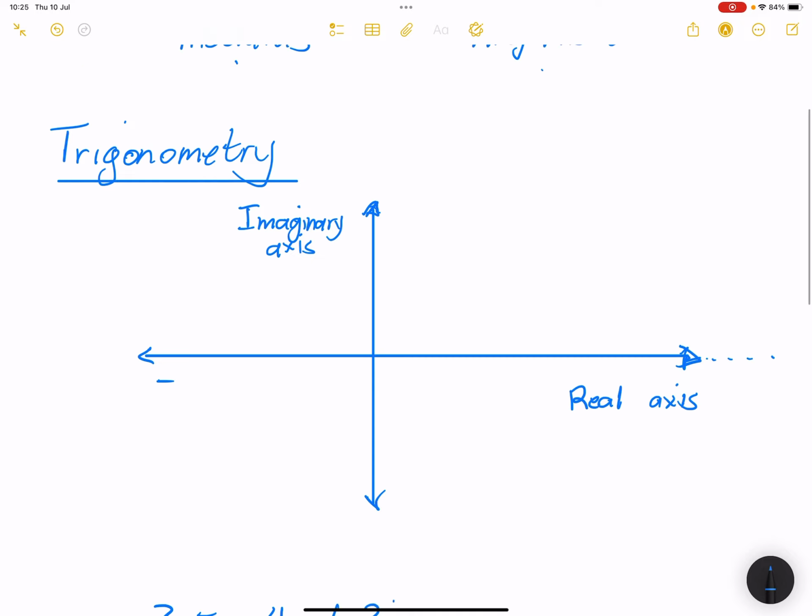So here you're going to have, let's say, 1i, 2i, 3i, and so on as it goes. And on the x-axis, you're going to have, as per normal, 1, 2, 3, 4, 5, and so on. So what does it mean?